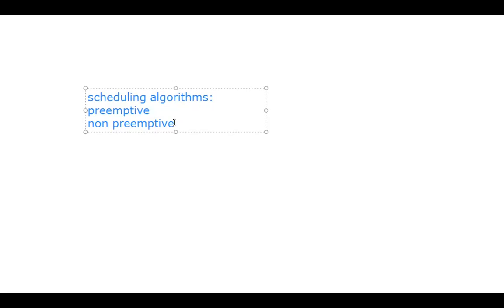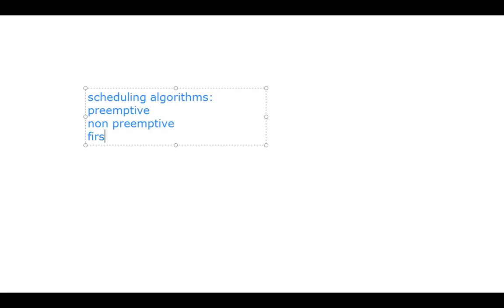This is known as non-preemptive algorithm. After P1 gets completed, any new job will get the CPU. So these are called preemptive and non-preemptive algorithms, and under this category, various algorithms for CPU scheduling are available.